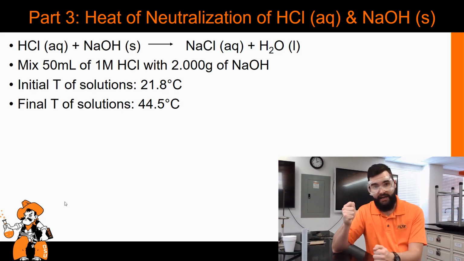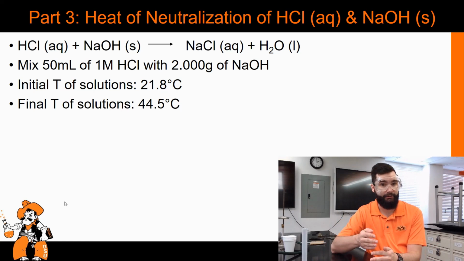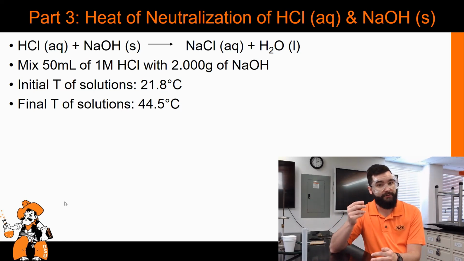However, this time around, instead of having a 100 milliliter solution or a 100 gram solution, we now have a 50 milliliter solution or 50 gram solution, plus the 2 grams of sodium hydroxide that we added, so our total mass of the solution is 52 grams. So 4.02 times 52 times our temperature change gives us our heat gained by the solution in joules.